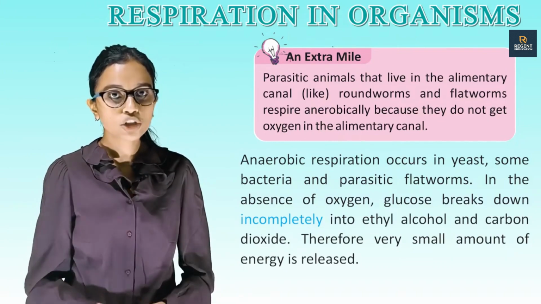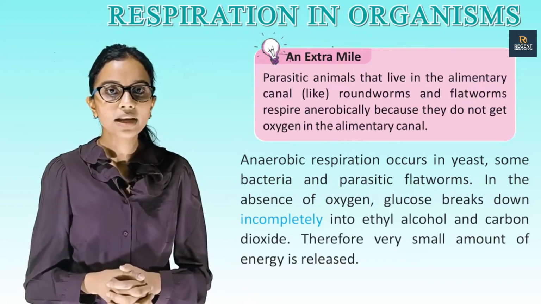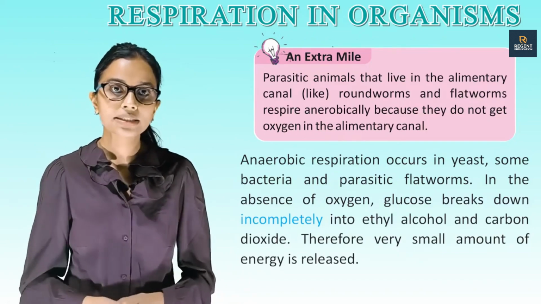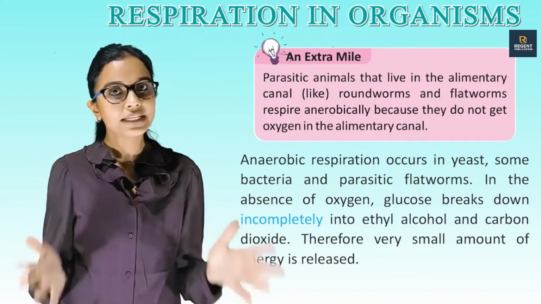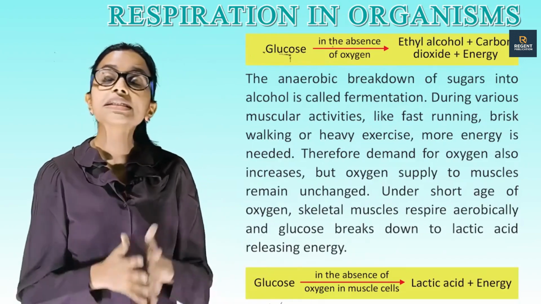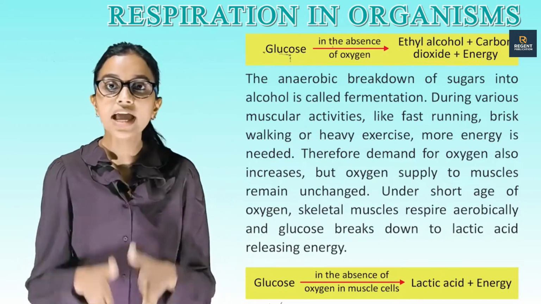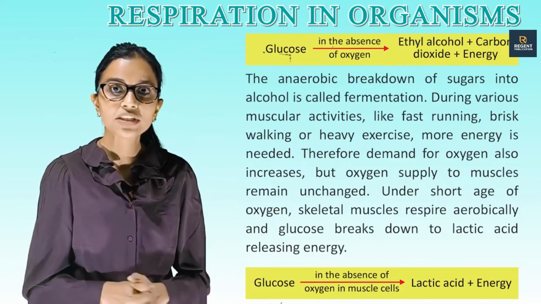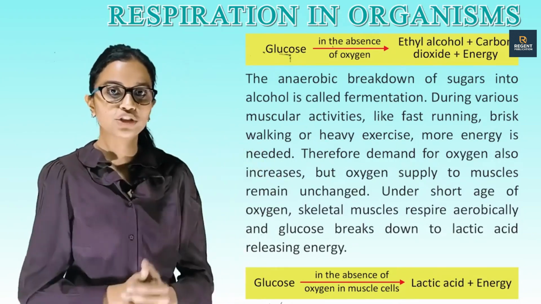In the absence of oxygen, glucose breaks down incompletely into ethyl alcohol and carbon dioxide. Therefore, a very small amount of energy is released. Now, we'll see the equation of anaerobic respiration. Glucose in the absence of oxygen gives ethyl alcohol plus carbon dioxide plus energy.